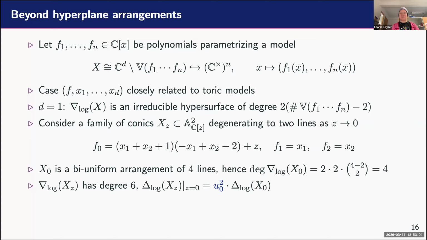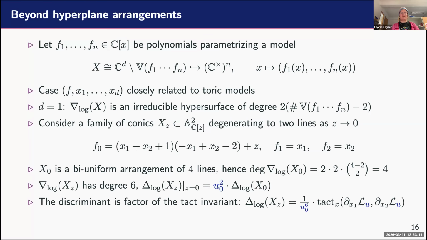Namely, you get an extra factor of u0 squared. And in this case, the discriminant is a factor of the tact invariant, because the likelihood equations are two quadrics, and we ask when they intersect non-transversally. So this is a tact invariant.